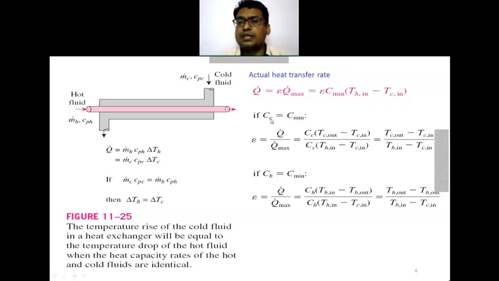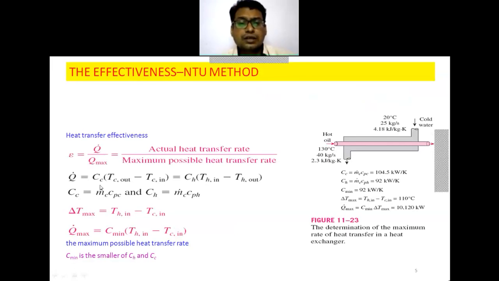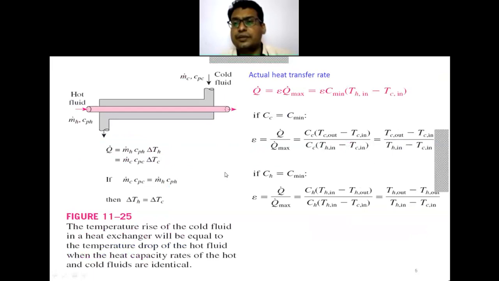Now in this case Cc is the C minimum, so Cc into Tc out minus Tc in upon C minimum into Th in minus Tc in.